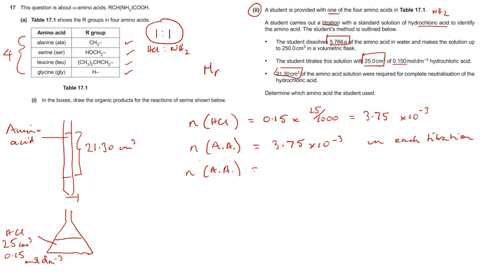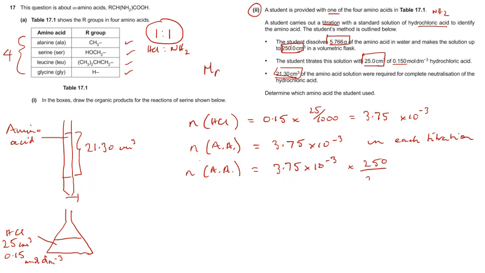This time we're going to work out how much we had in the whole 250 cm cubed, right? Because that's what had that specific mass in it. So we have to multiply this up so that we know how much was in 250. So if we've got 3.75 times 10 to the minus 3 in 21.3, then we need to multiply that up.